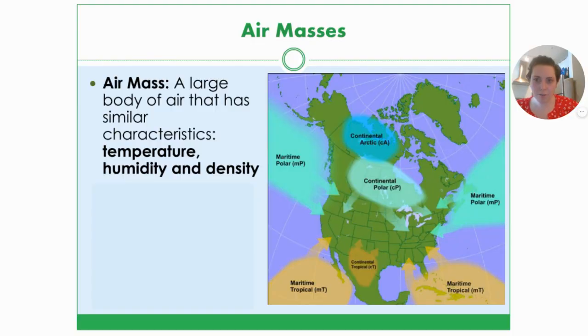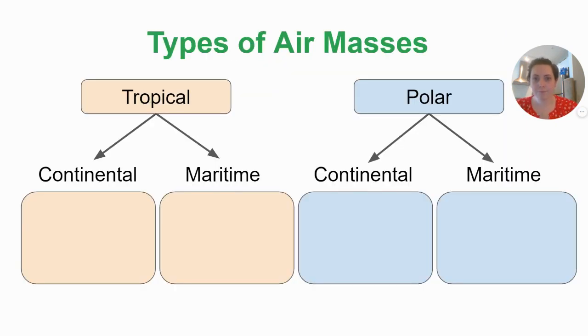To start you guys off, we're going to take a look at air masses. And all an air mass is a chunk of air that has the same properties. So it's the same temperature, same humidity, talking about how much water is in the air, and same density. There are 4 different types we're going to look at.